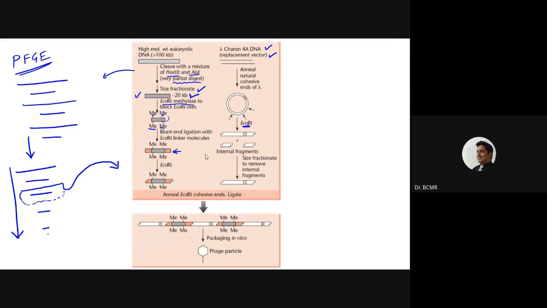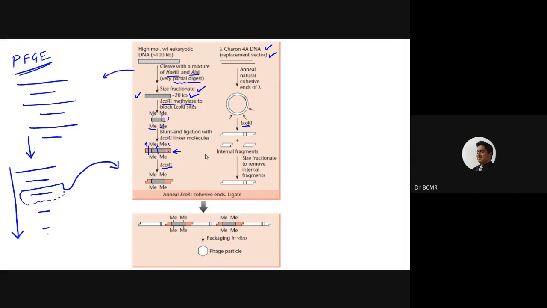Linkers are the ones that have the restriction site, something like EcoRI like this here, which should then be treated with EcoRI to get the overhangs. But what if the sequence that we have also has EcoRI? Then it is going to cleave that part, and that's not going to be a good thing for us.